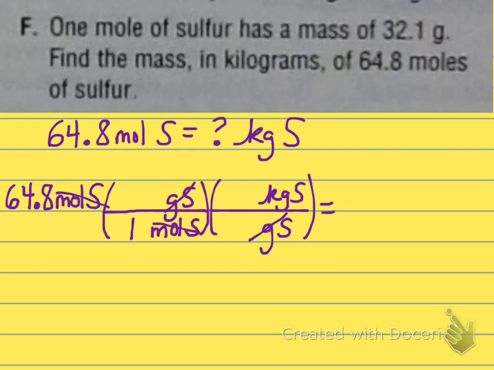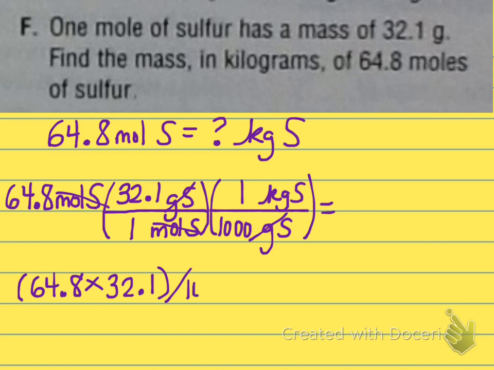So 1 mole, and I want to use 3 significant figures, so my molar mass is 32.065, so I'm going to use 32.1. And then a kilogram is larger, so I make it 1, and it's 1,000 or 10 to the third grams. So again, on my calculator, I'm going to type in 64.8 times 32.1 and divide that by 1,000.